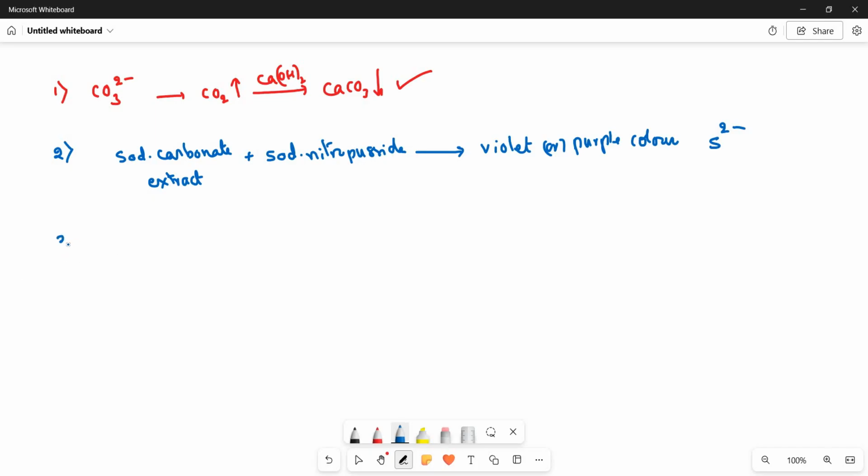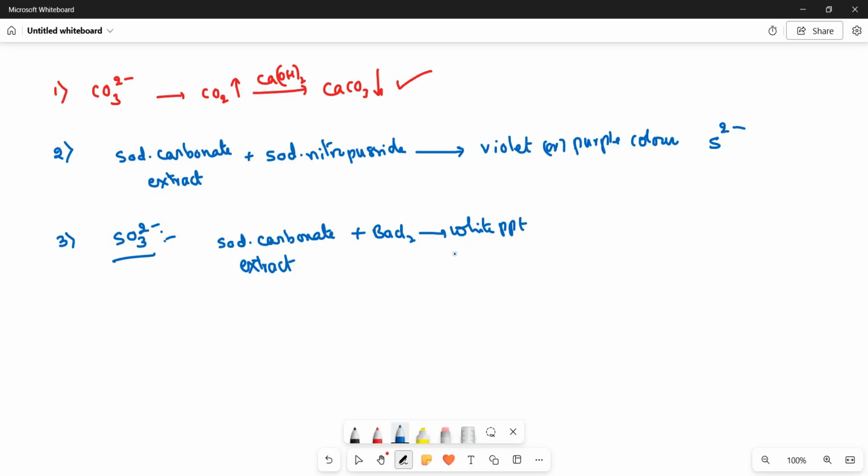Next, let us go for the test for the sulfite ion, SO3 2 minus. Here also we take the sodium carbonate extract. To the sodium carbonate extract, add barium chloride solution. Immediately a white precipitate is formed.